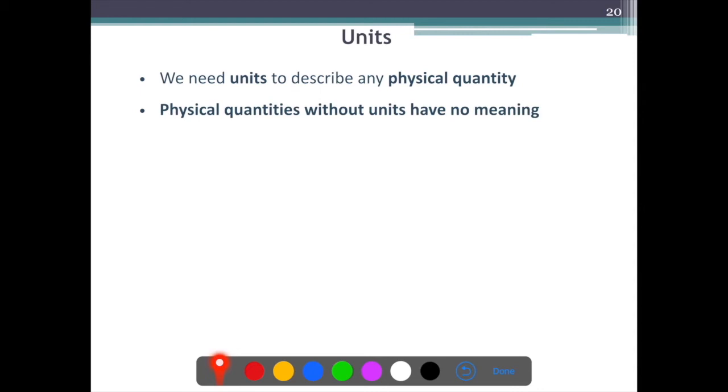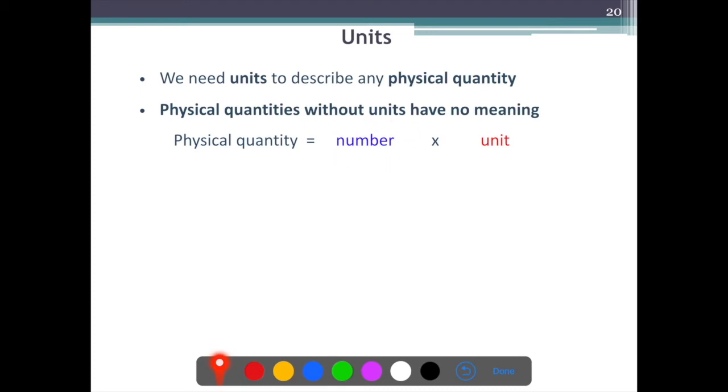Quantities without units have no meaning, because if you just say 10 or 5 without indicating the unit, you're not sure whether that means 10 seconds or 10 meters or 10 apples or 10 meters per second squared. So we always need to indicate the unit.